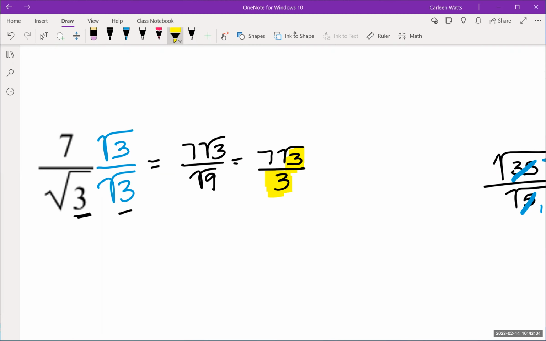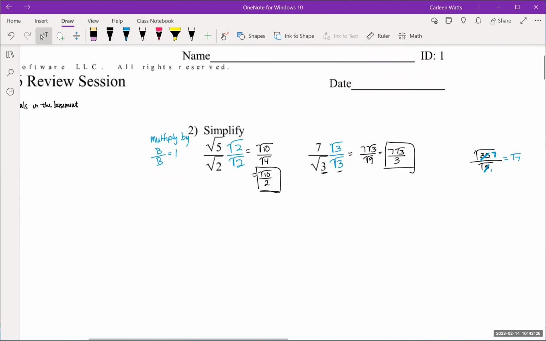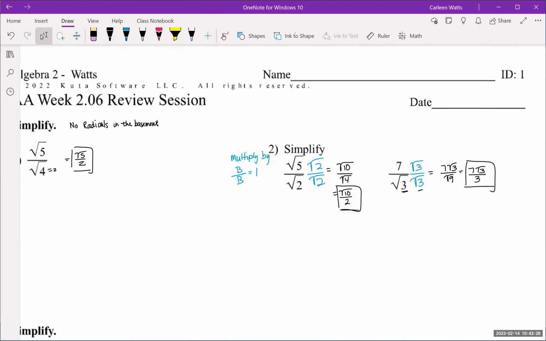Can I cancel those 3s? Nope. This guy's done. The 3 on top is inside, the 3 on the bottom is outside. Okay. So things are going to come up and you're going to need to know how to use these radicals.